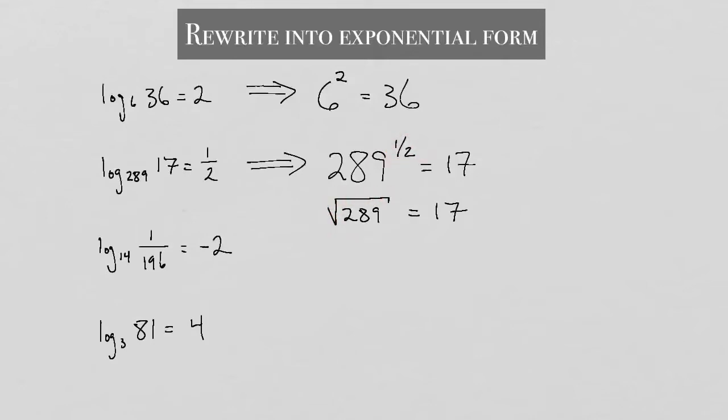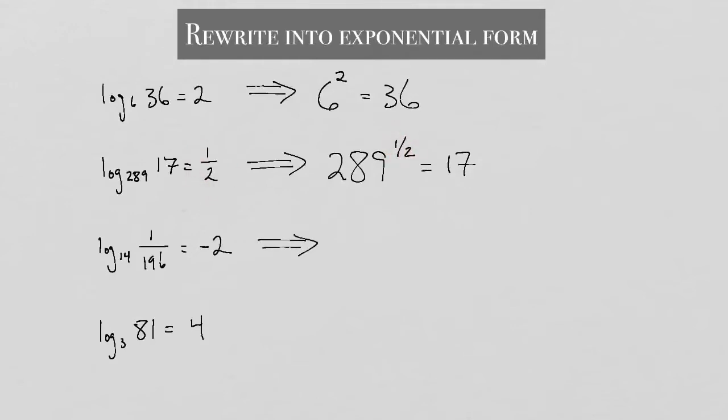If I have a number x being raised to the 1/3, that's going to be the cube root of x. Just keep in mind that these fractional exponents are in reality roots. So that's what we get when we write this in the exponential form. We have 289 raised to the half power. This is log base 289. Here's your base number. Whatever is on the other side of the equal sign, that's going to be your exponent.